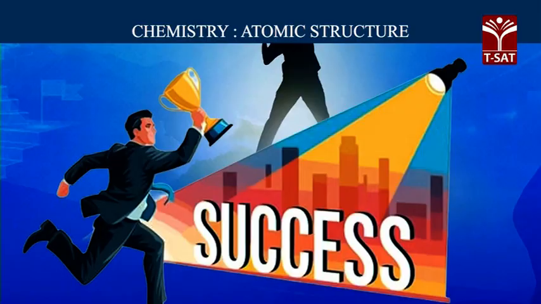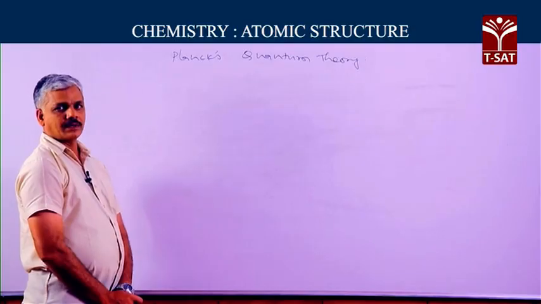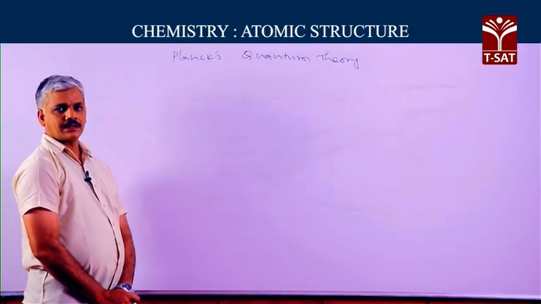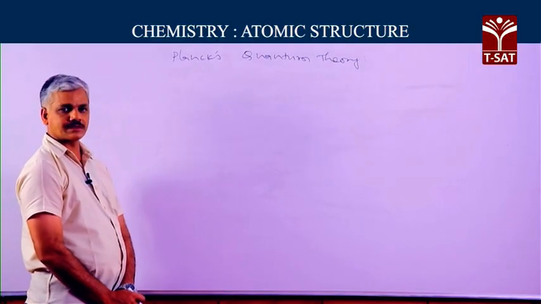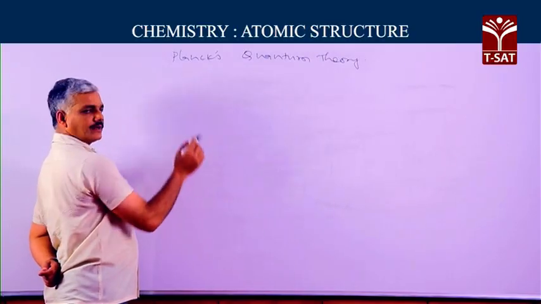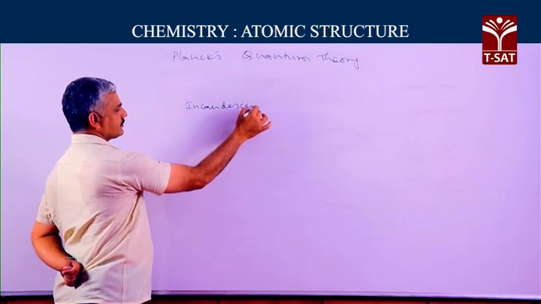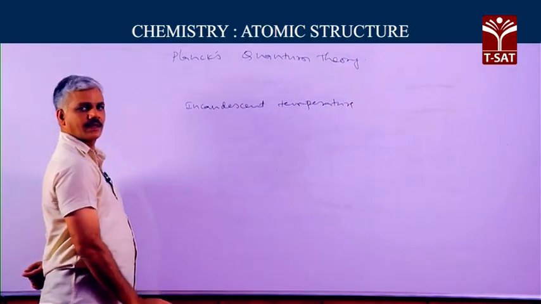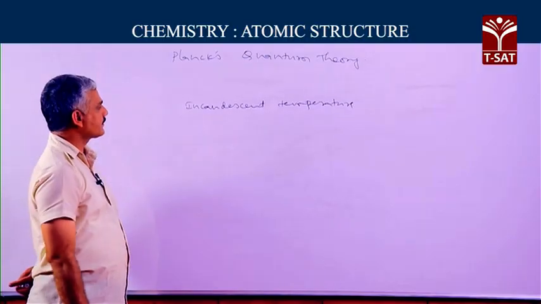The Planck's quantum theory has been proposed to explain the origin and properties of electromagnetic waves. So, according to this theory, how can an object called source of radiation produce electromagnetic waves? Whenever a body is heated to a particular temperature called incandescent temperature, the emission of electromagnetic waves starts taking place.